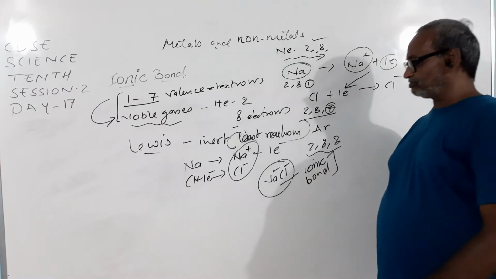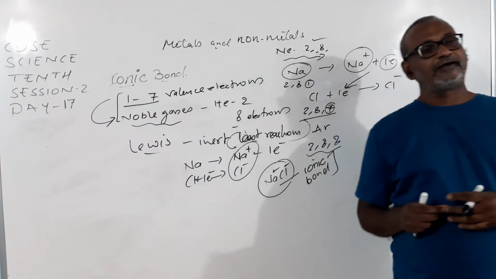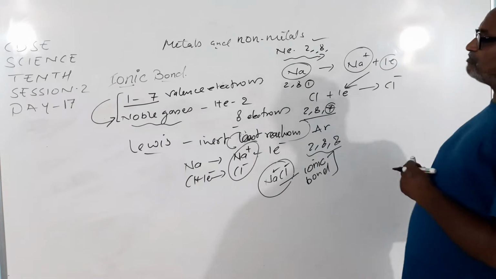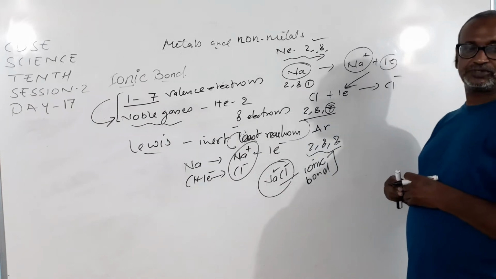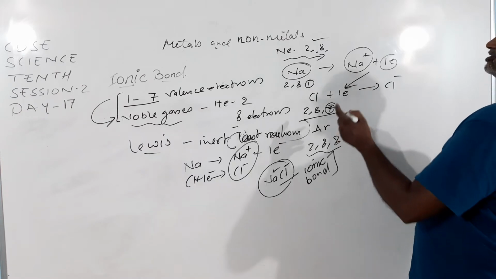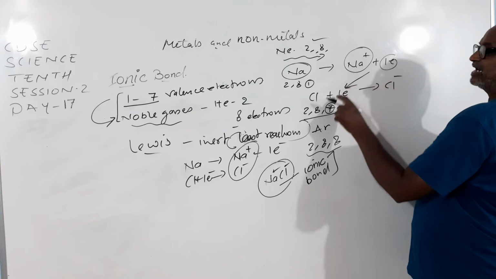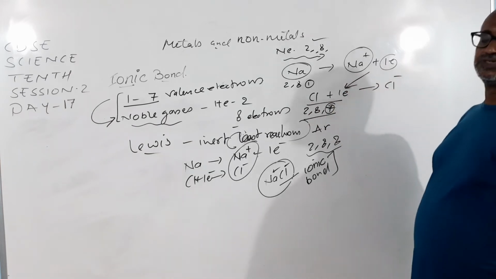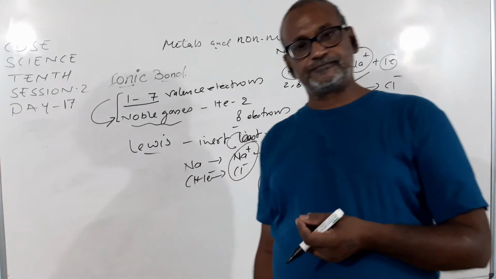So from this, we can derive the definition of an ionic bond. A chemical bond which is formed between two atoms as a result of transfer of electron from one atom to another atom is called an ionic bond.